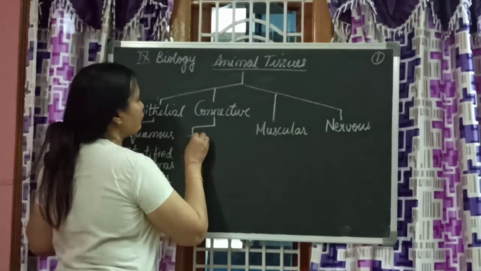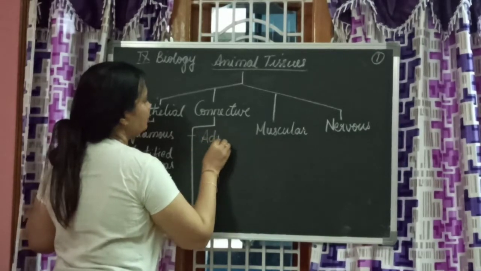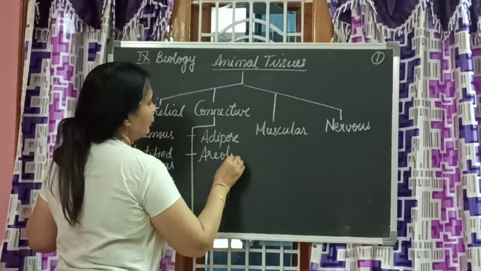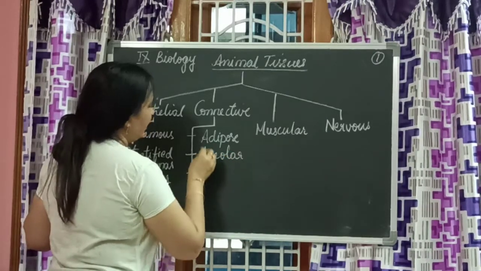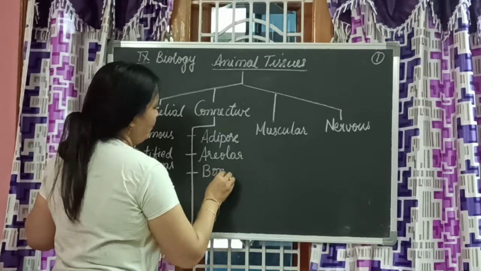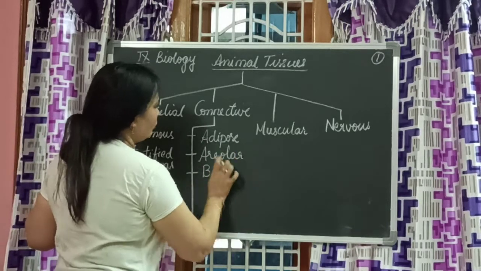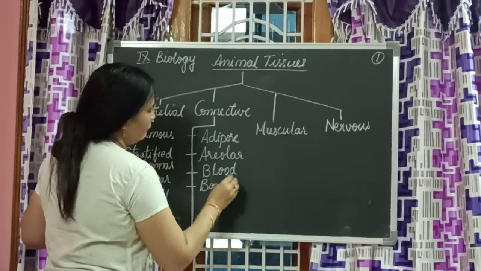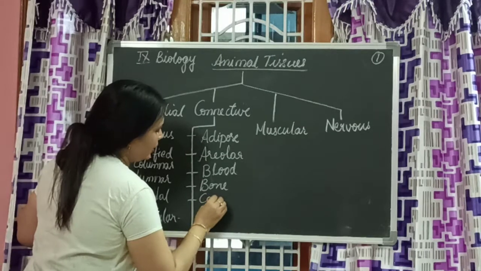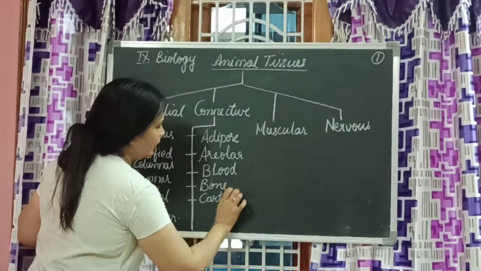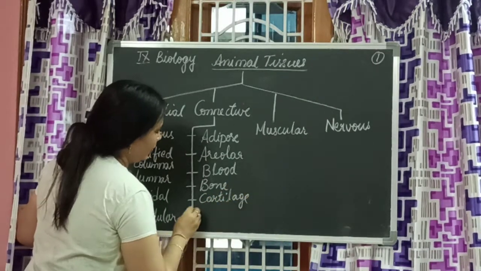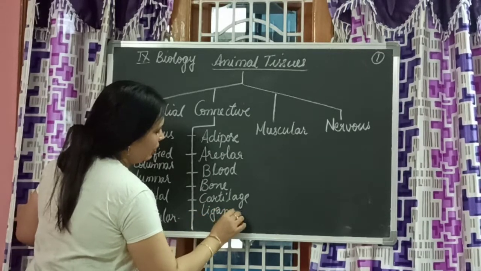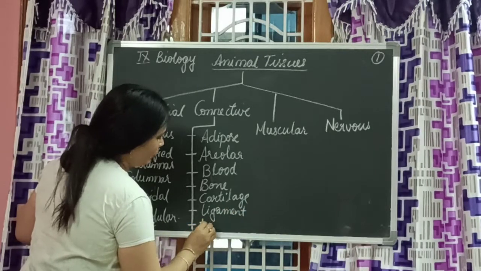So how do I remember? First is adipose tissue. Areolar tissue, areolar children, and then A after B, blood, and then bone, and then C, cartilage, and then ligament, and then tendon.